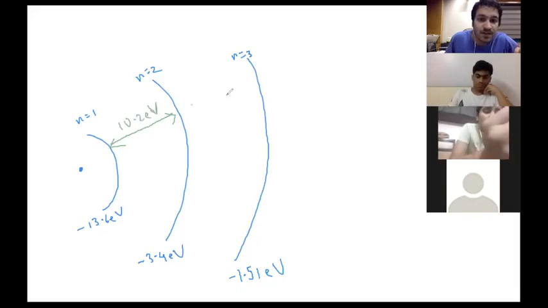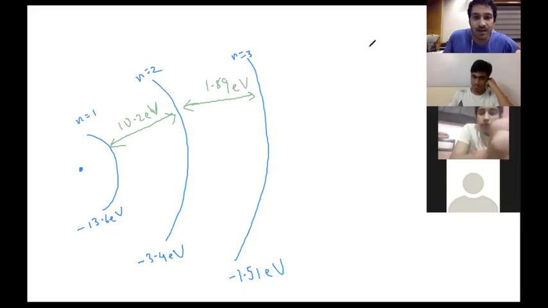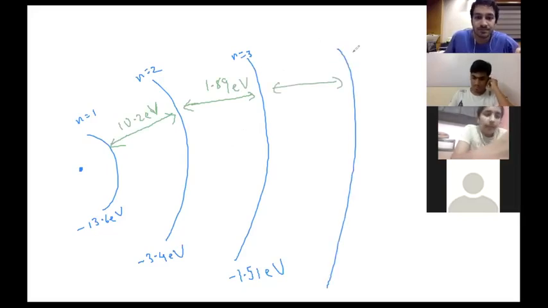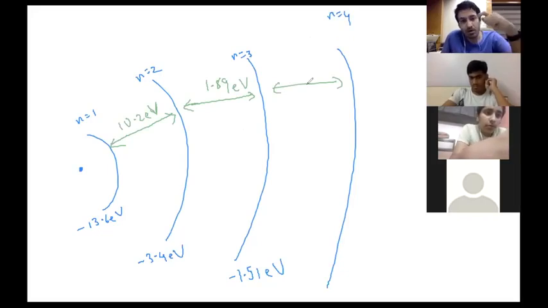But the difference between 2 and 3 is not 10.2, it is 1.89 electron volts. Between 3 and 4 it will be even less. So between orbits, the energy difference is decreasing.